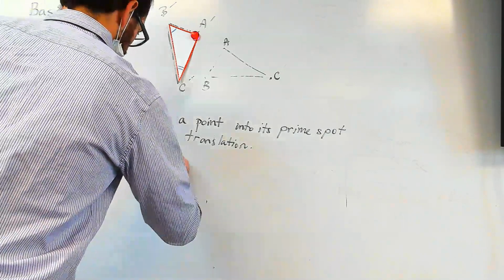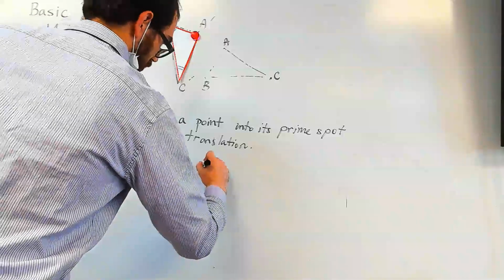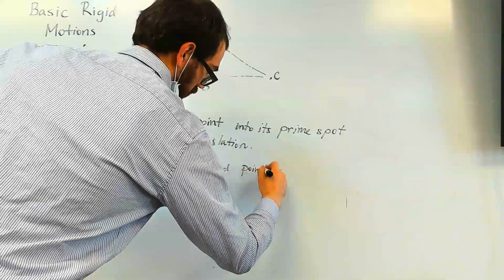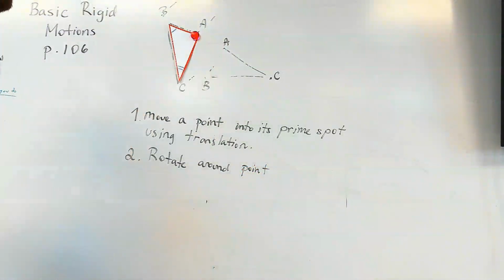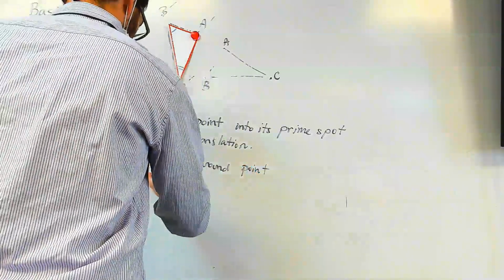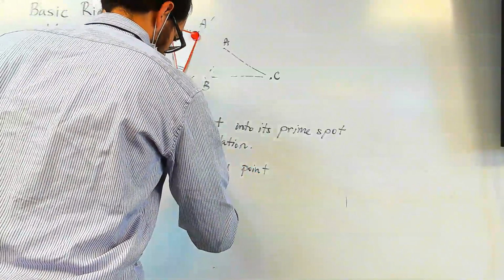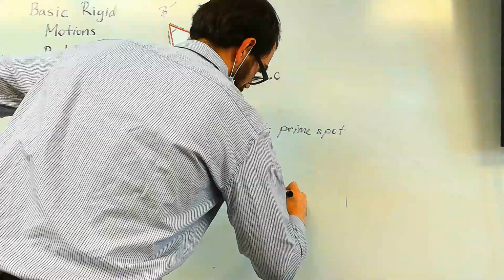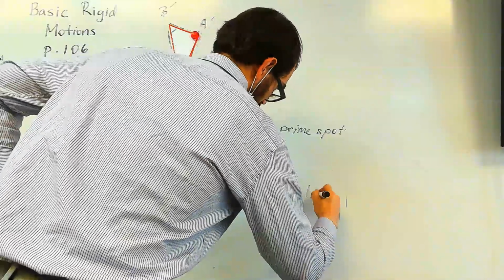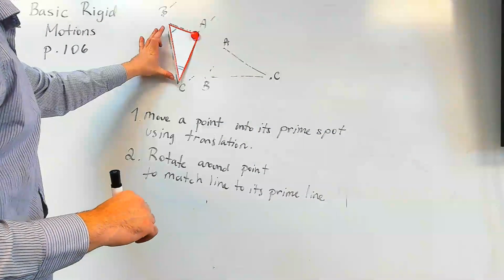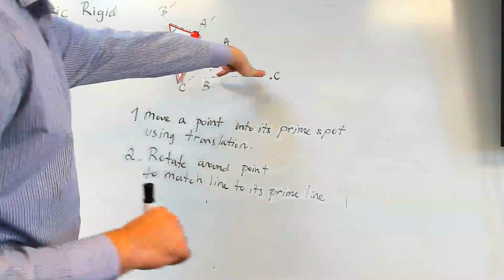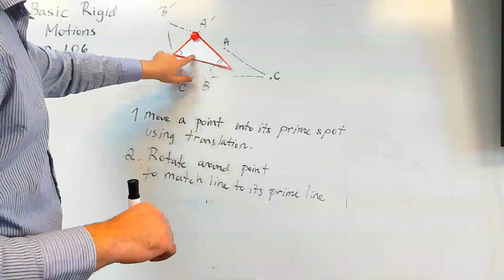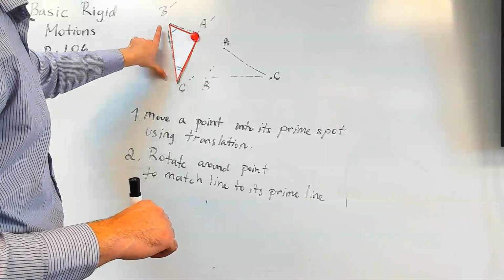So you're going to rotate around a point, usually the point that you're on currently, to match a line to its prime line. So if we have line BC and we want to match it to BC prime, after it was here, we're going to rotate it until BC and BC prime are matched.